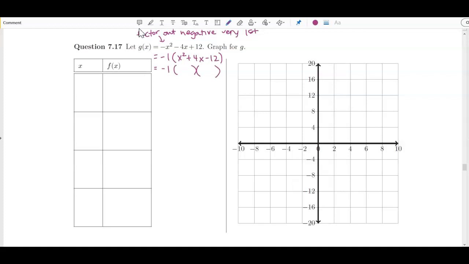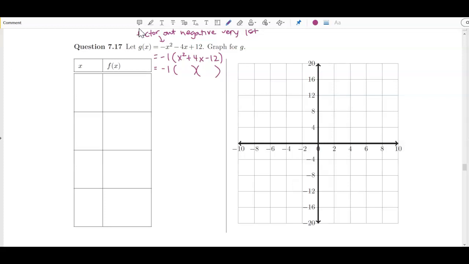Okay, and then we don't have to do the box method or anything like that on this because the leading coefficient is 1 there. But let's look at this and see what times what is -12 that adds to be 4. Anybody tell me what you think of there?